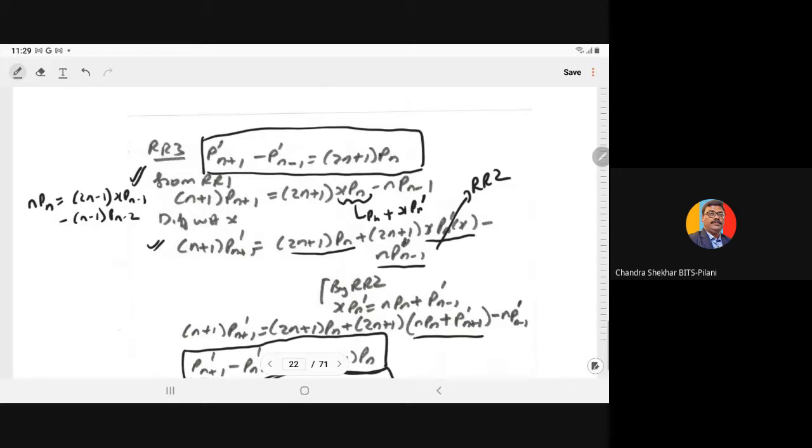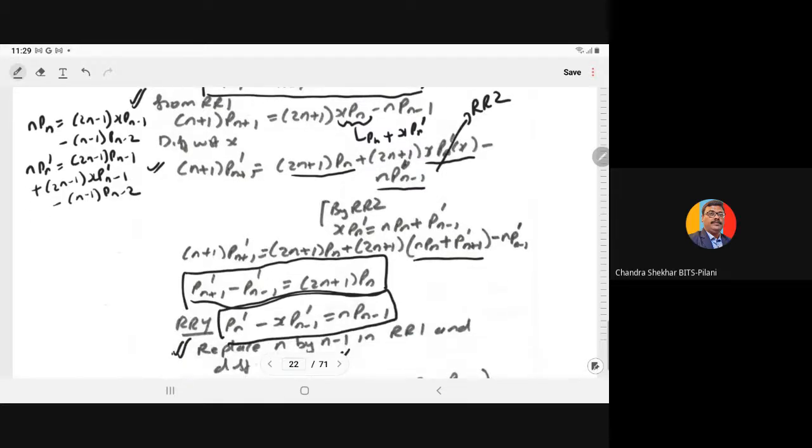When we differentiate with respect to x, it will give you n P'n is equal to (2n-1) Pn-1 plus (2n-1) x P'n-1 minus (n-1) P'n-2.